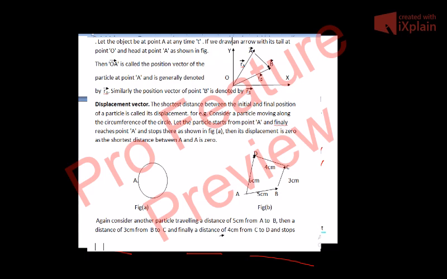Similarly, the position vector of point B is denoted by r_B. So r_A and r_B are the position vectors of points A and B.